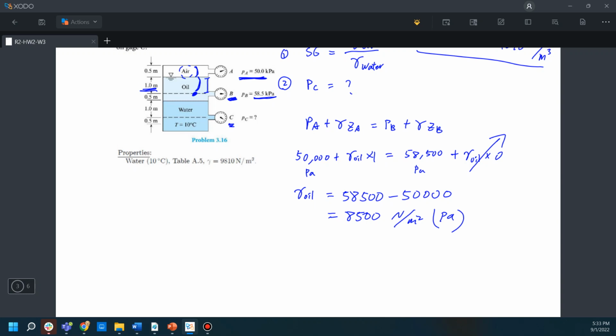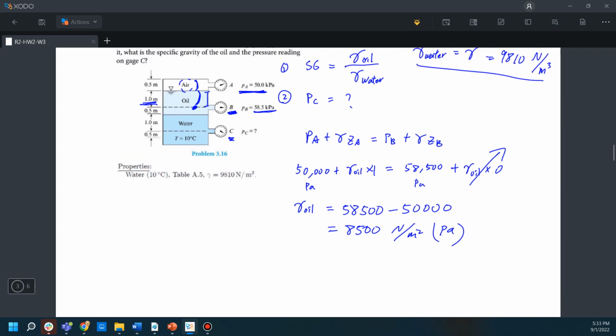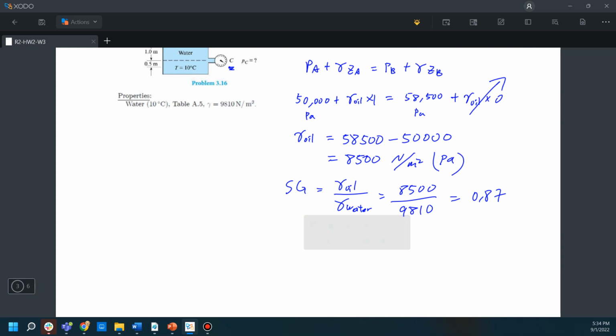Okay, and to calculate the specific gravity, which we have defined above, it is equal to the specific weight of oil over that of water, right? So this is 8,500 divided by the water, 9,810. So this gave us 0.87, and this is our specific gravity for oil.